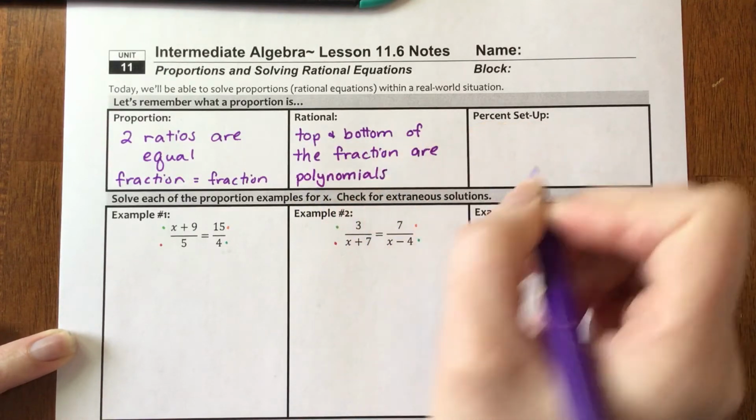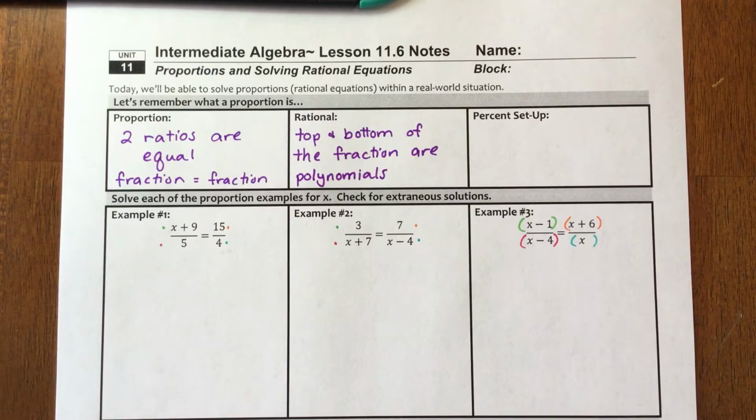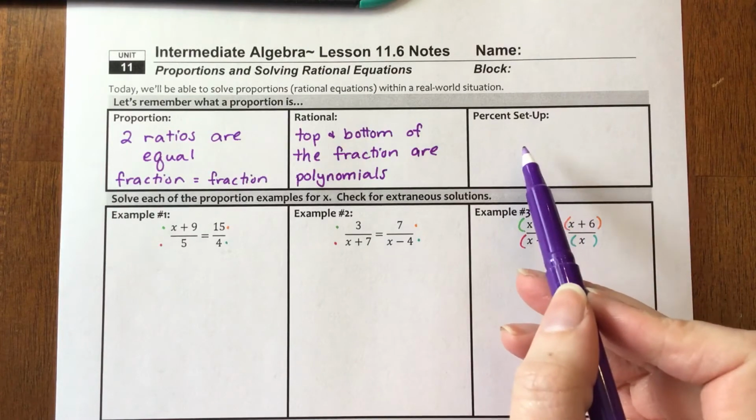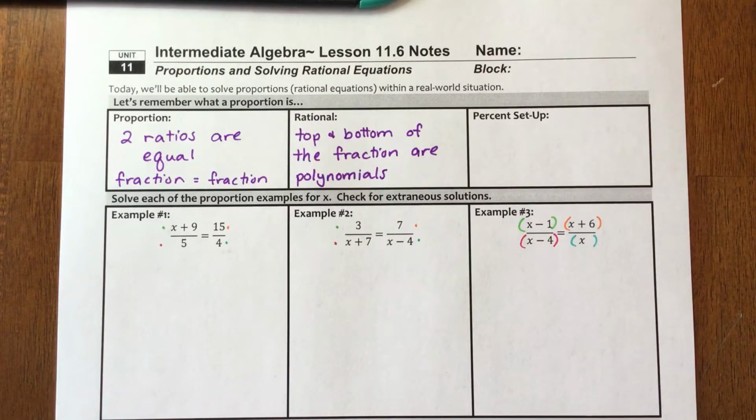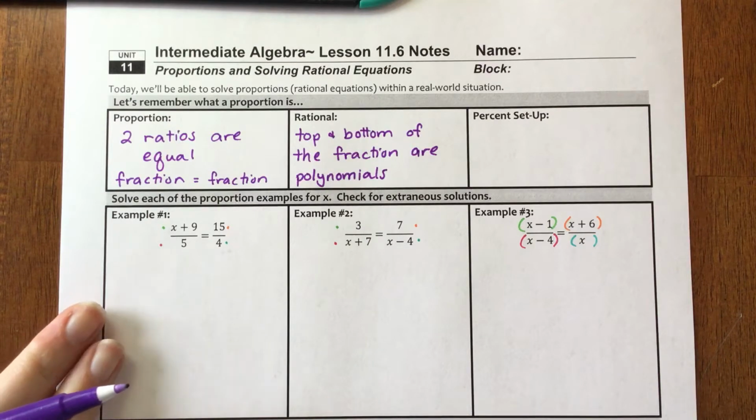So that means that x's are not allowed to be in exponents, and x's are not allowed to be inside of square roots or anything weird like that. So just normal looking equations. Okay, a percent setup. So we will come back to the percent setup when we finish up with numbers 4 and 5 down below.